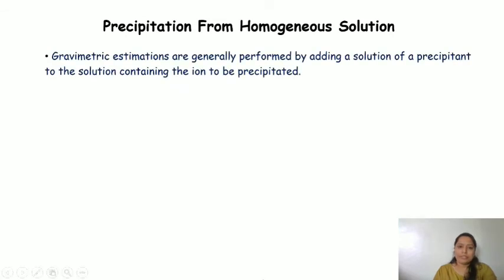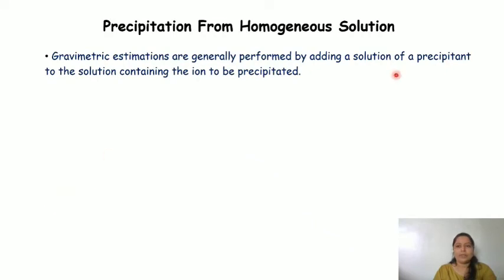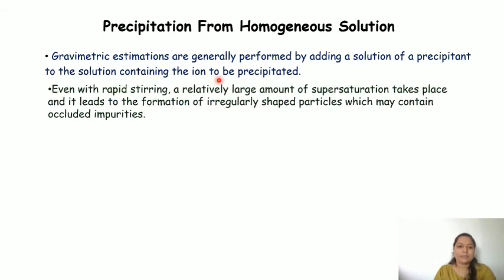Gravimetric estimations are generally performed by adding a solution of precipitant to the solution containing the ion to be precipitated. Here, gravimetric estimations are generally performed by adding what? Solution of precipitant. Generally, precipitating reagent is added and after that precipitate formation takes place.